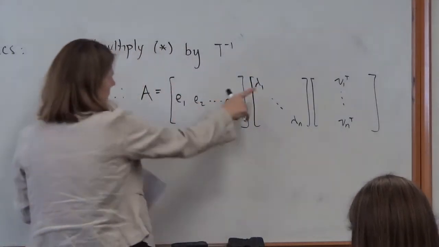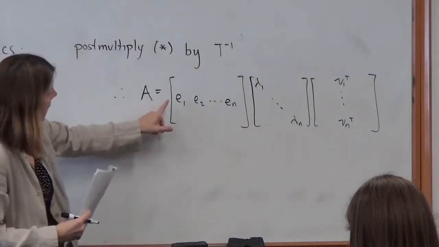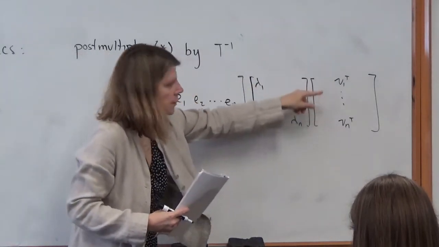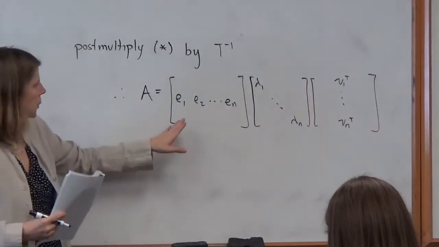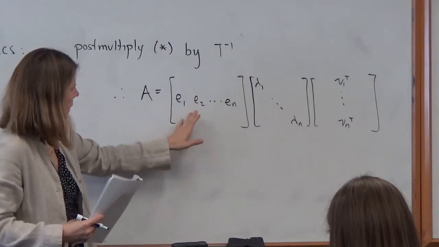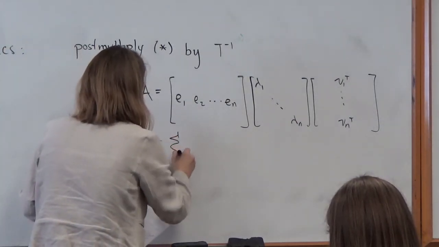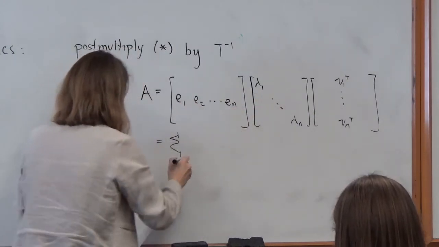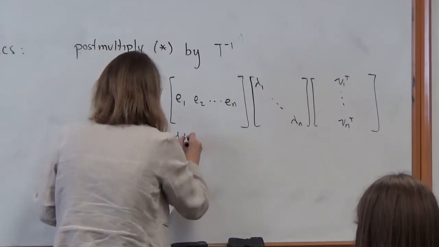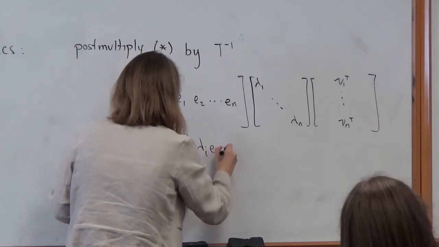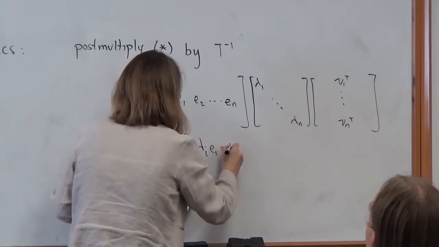If I look at that right-hand side, I have a matrix represented in terms of its columns times a diagonal times a matrix represented in terms of its rows. And so I can rewrite that as the summation. Now I'm going to look at these individual products here from i equals 1 to n of lambda i e_i mu_i transpose.